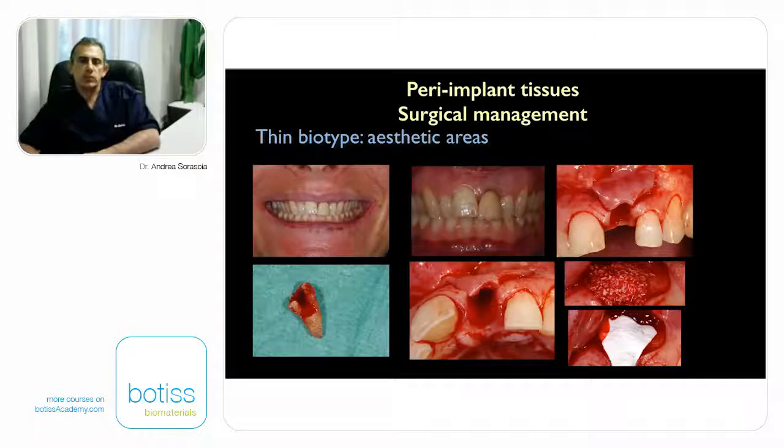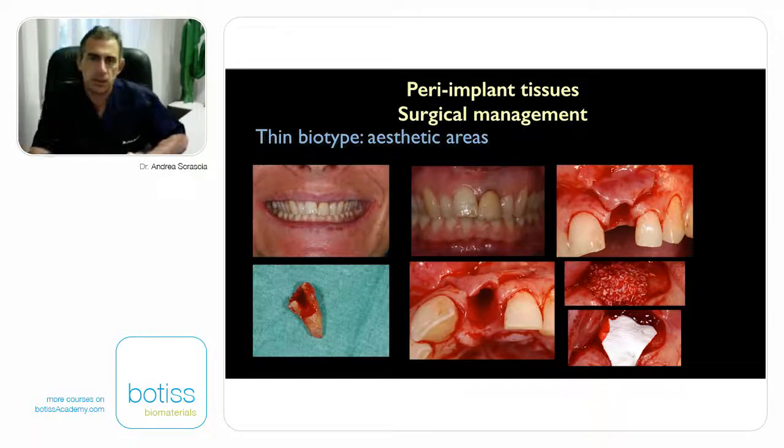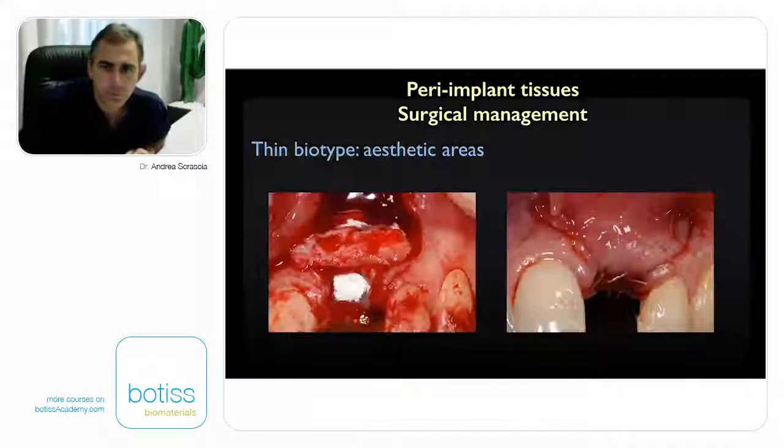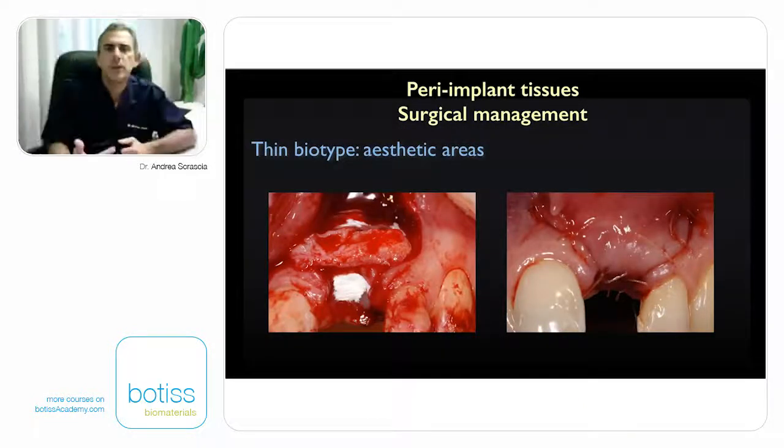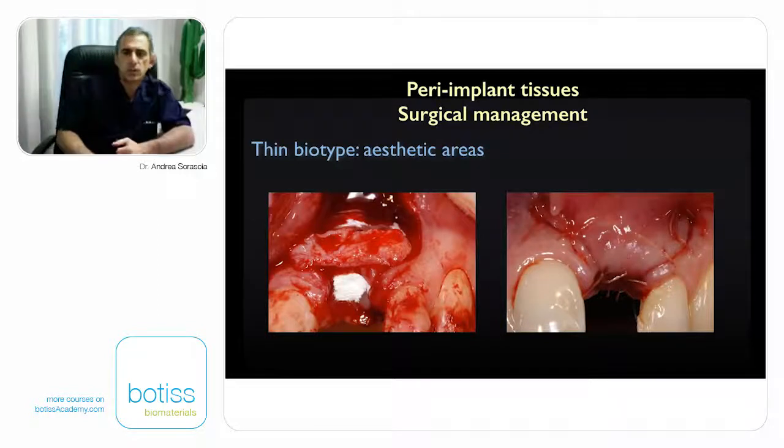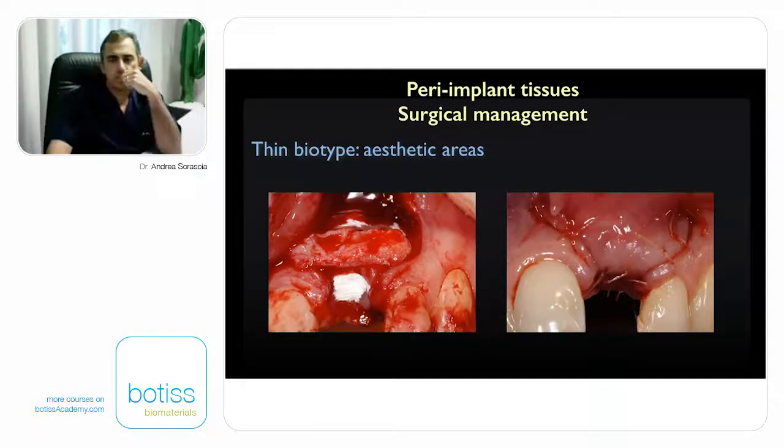A forty-year-old patient came to my office for a fracture of the central left incisor. The patient had a thin biotype. I executed an incision under the tension of the alveolar mucosa to the interdental papilla, and I regenerated the bone defect and increased the soft tissue using a connective tissue graft.